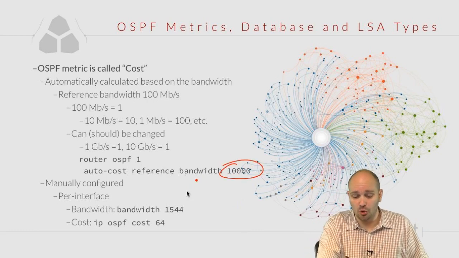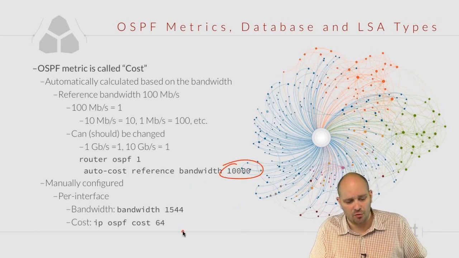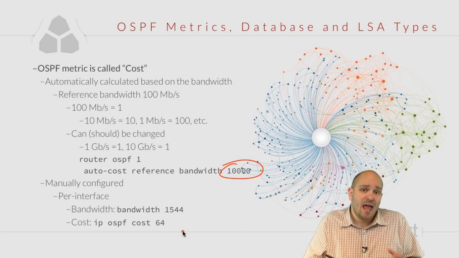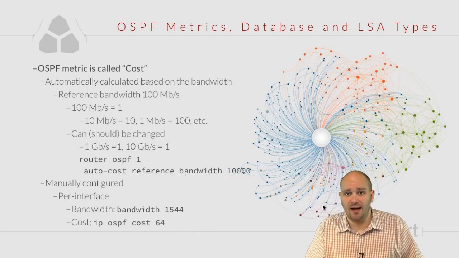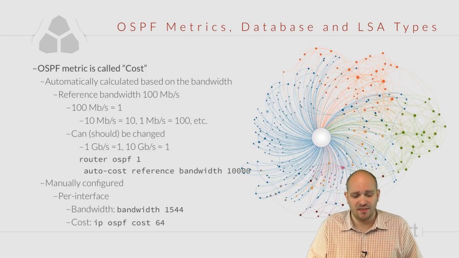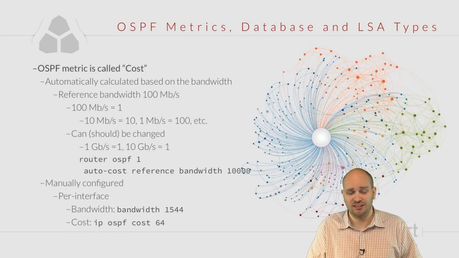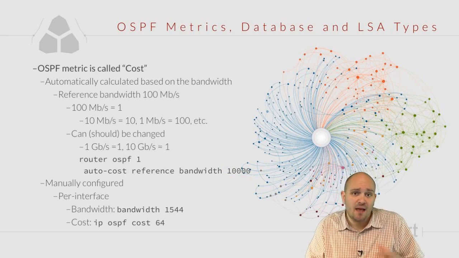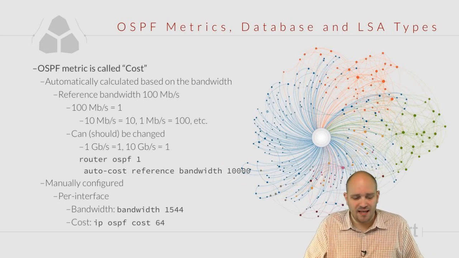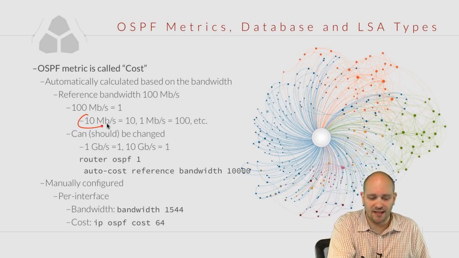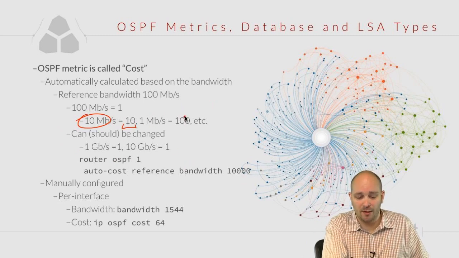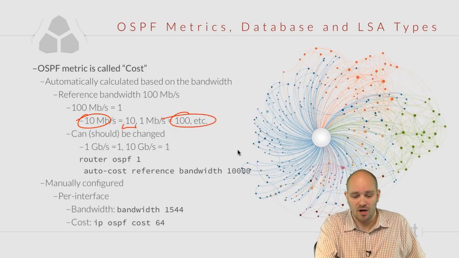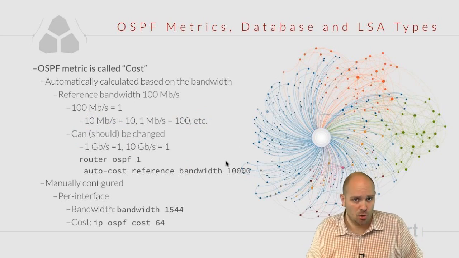You might actually want to consider using an even higher reference bandwidth. Links with less bandwidth are going to have their cost proportionally increased depending on their bandwidth. For example, by default, a 10 megabit per second link will have a cost of 10, and 1 megabit per second would have a cost of 100, and so on.